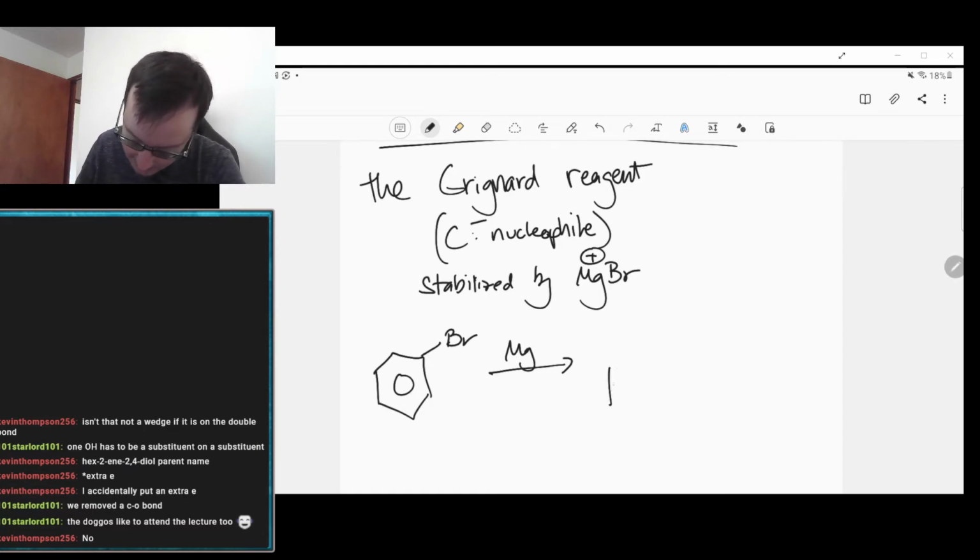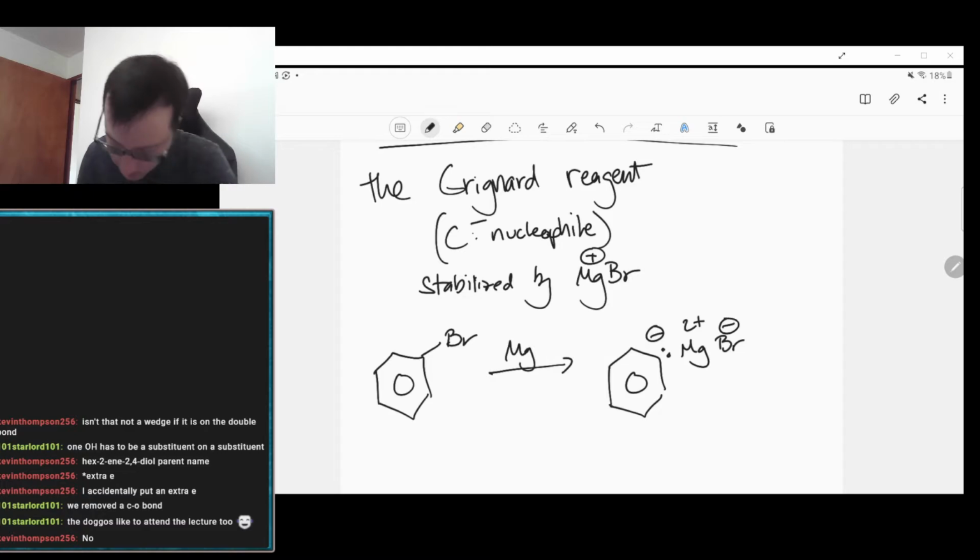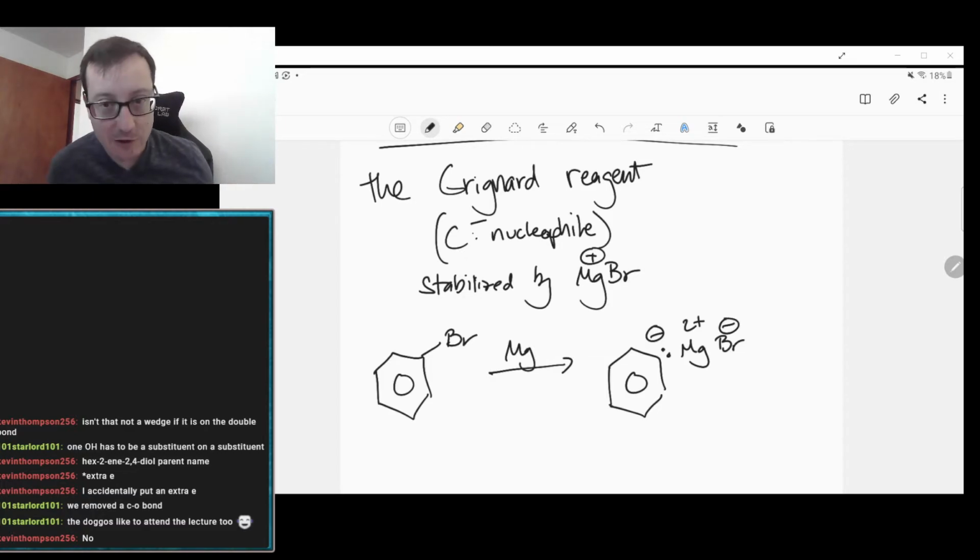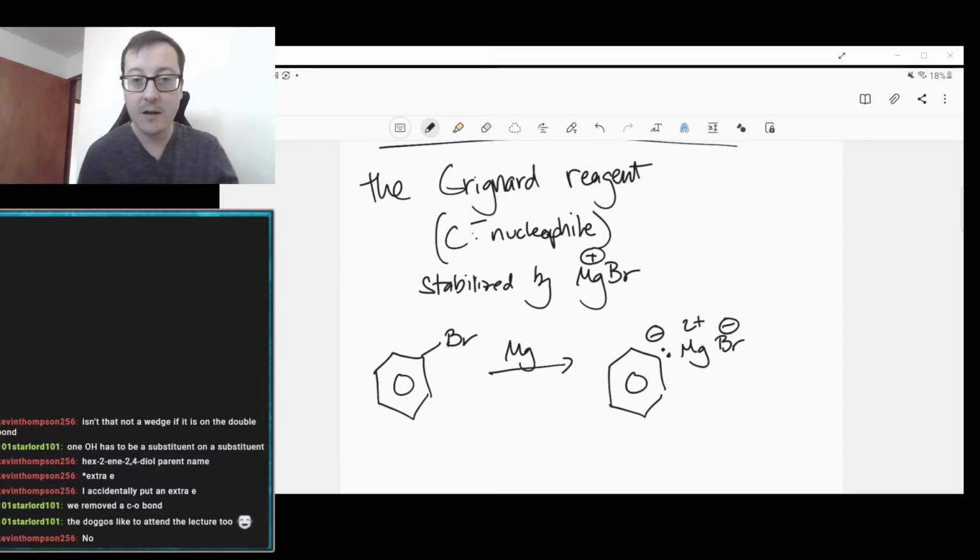And so what really happens is you end up having magnesium sandwich itself in between the carbon and the halogen. This works with chlorine too. You can have chlorine, although bromine is typically used.